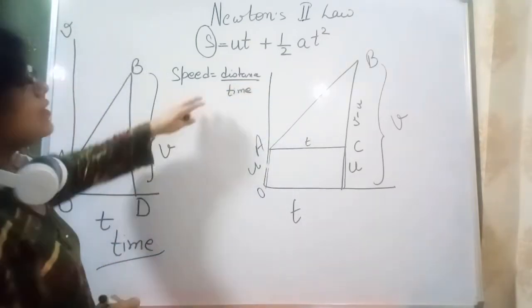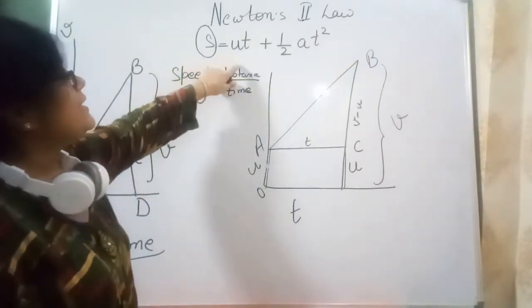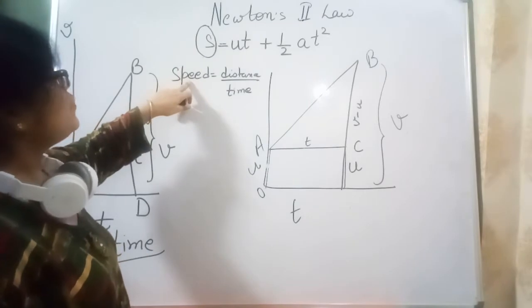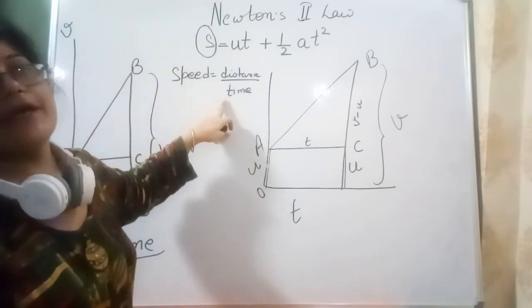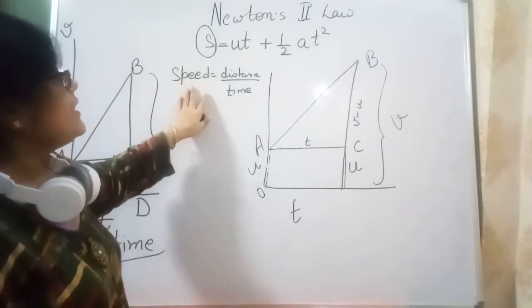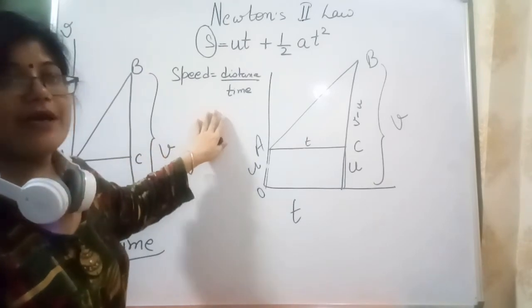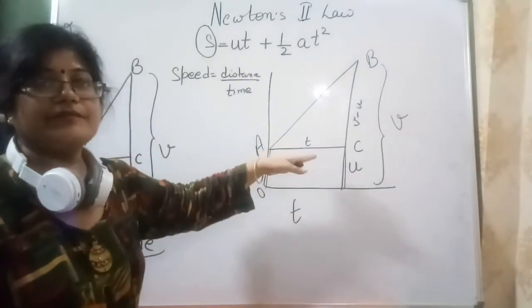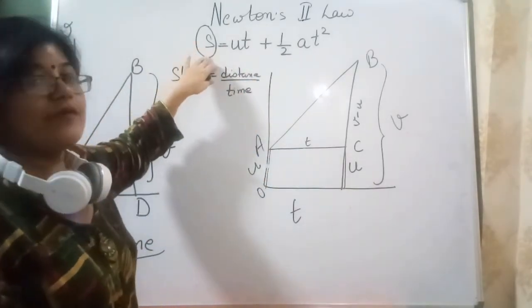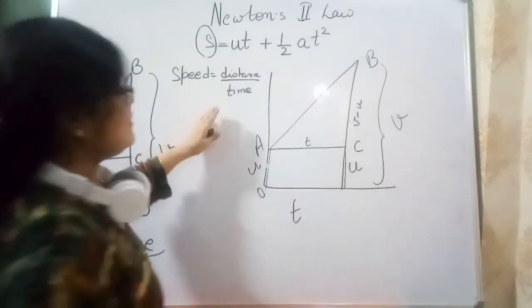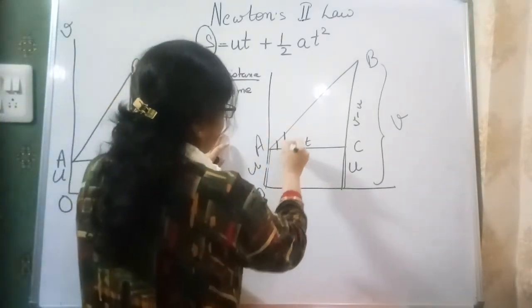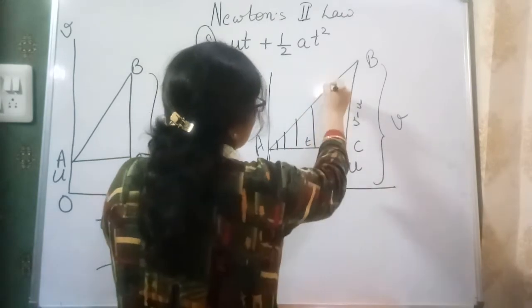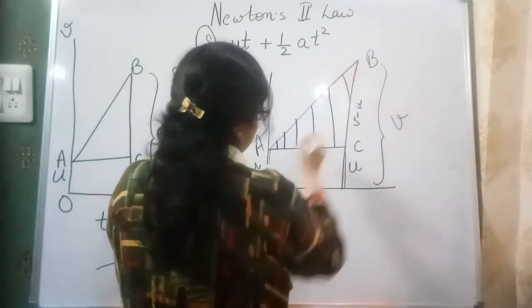That means when we have to calculate distance, we have to multiply speed into time. And when we have to multiply speed into time, then in the graph, whenever we have to find distance, we find the area covered by the graph.